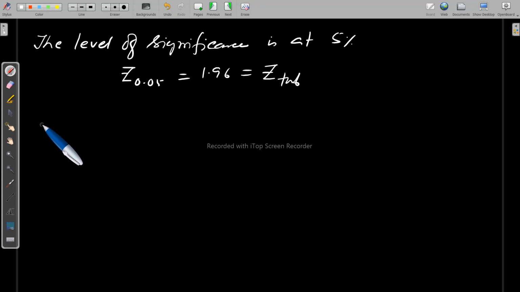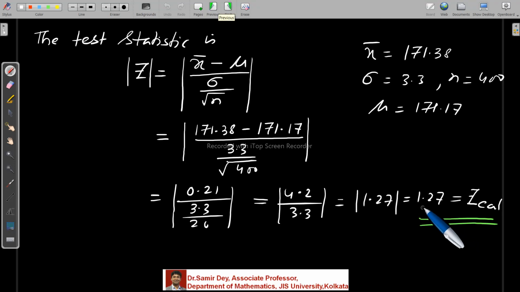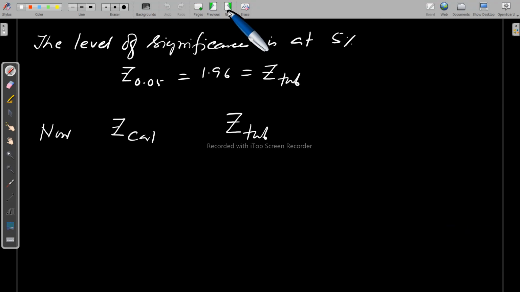Now you need to write this line. So this step is the fourth step. This information is coming from at what level of significance you want to calculate. Next, you write down Z-cal and Z tab. What about the Z-cal? If I go back, Z-cal is equals to 1.27. What about the Z tab? 1.96.